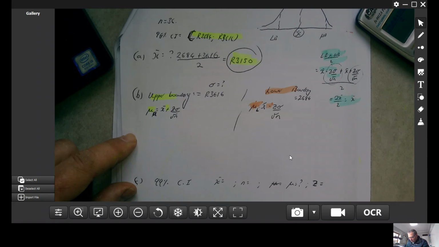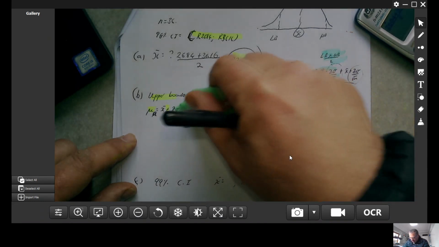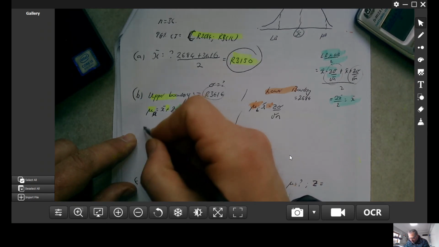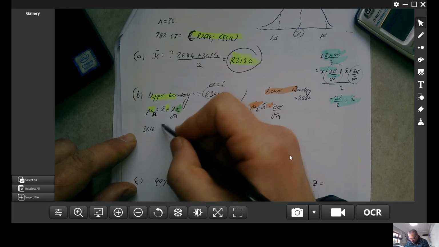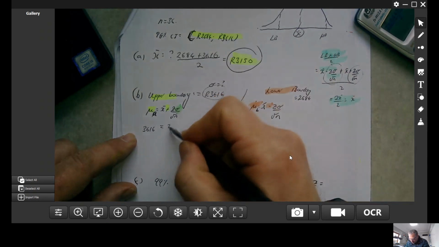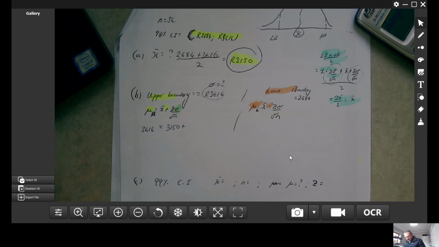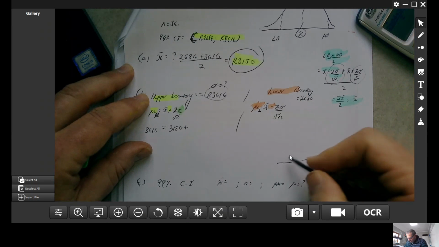So the question now is we've got to go find the standard deviation. If I plug in my values, my upper boundary is 3,616. The sample mean is 3,150. Now we've got to worry about the z-score. We haven't got that yet, but we're working in a 98% confidence interval.